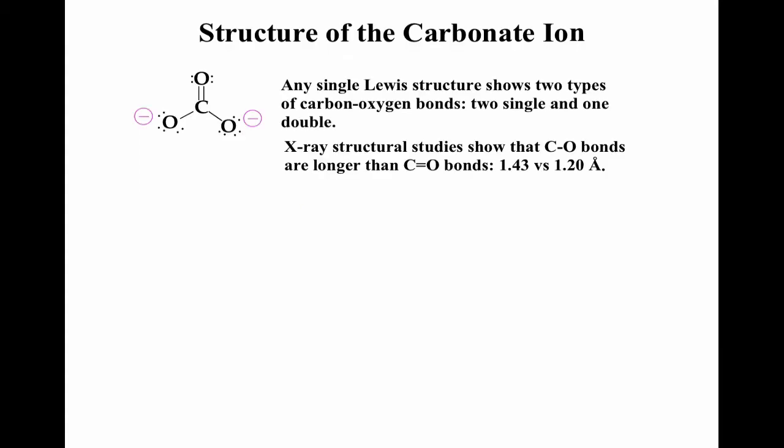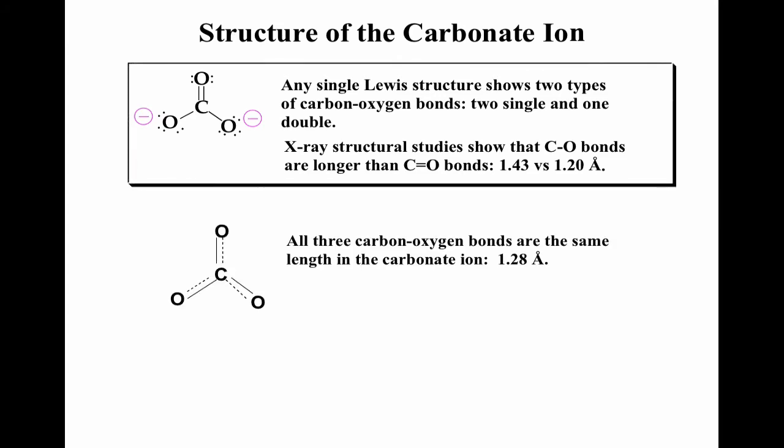Okay. So again, if we look at the actual data through our magic microscope, that is the X-ray structural study, we learn that the carbon-oxygen bonds are a little bit longer than a double bond, a little bit shorter than a single bond, right? Somewhere in between.